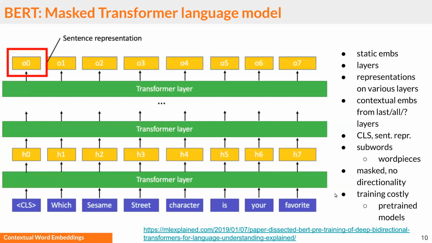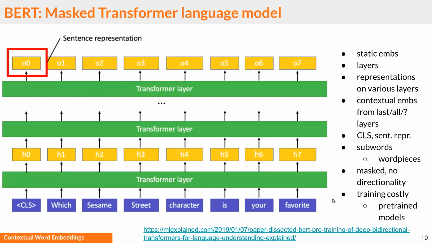And there are some fun properties of the training process. The training is not linear, like going left to right to predict the next word, which is usually what language models do, but it's also kind of skipping around. When you train it, you just mask some of the words, which means you delete some of the words from the input, and you train the network to predict the missing words.